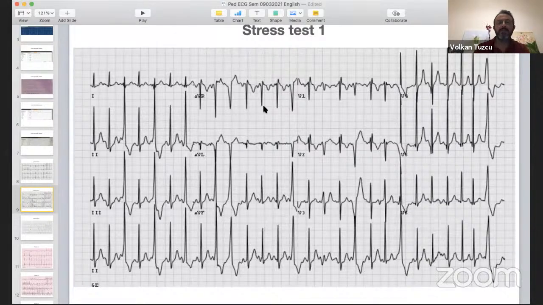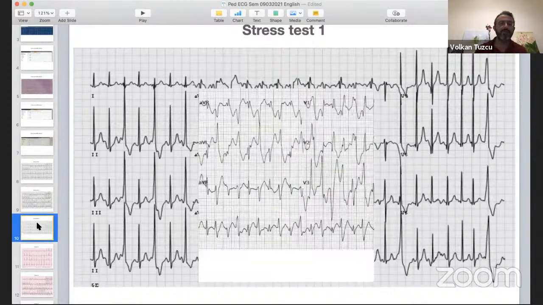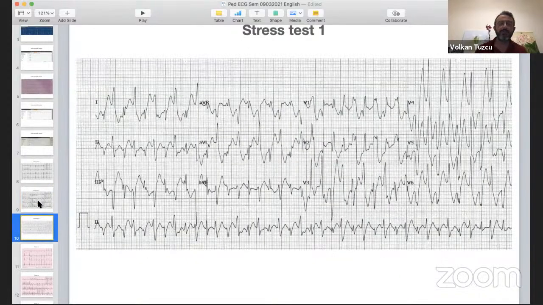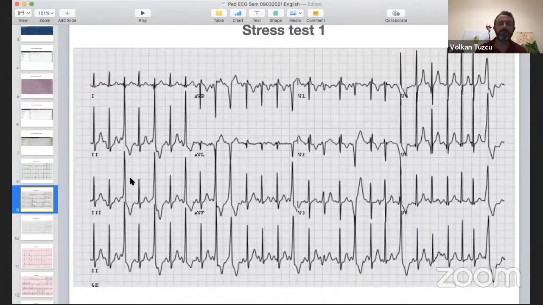After that, let's say there is recovery and the PVCs decrease and disappear. So all you see, let's say you don't see this page, there is no such page. This is the maximum you see, and the patient stops running, fatigued, leg pain. And then in recovery, these PVCs are decreasing and going away. So would you still say CPVT?